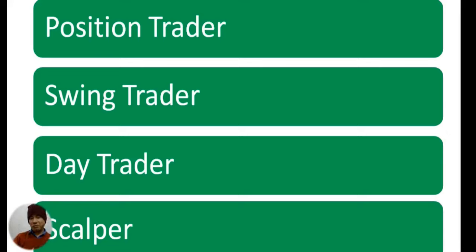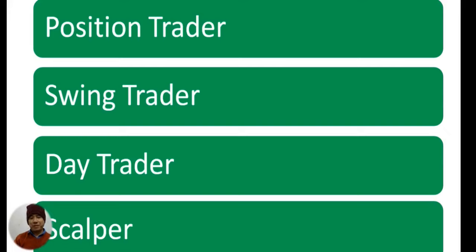Some trades may stay for a few days, and some trades may close within a fraction of seconds or a few minutes. But the main focus of a day trader is the short period of time. They really do not care about what the government's policy will be for next quarter or next month. They are only looking for the short-term opportunity.